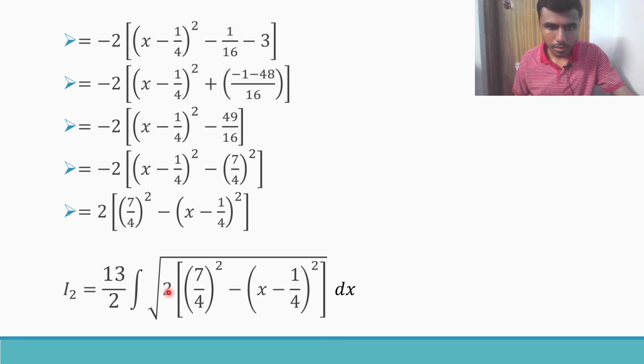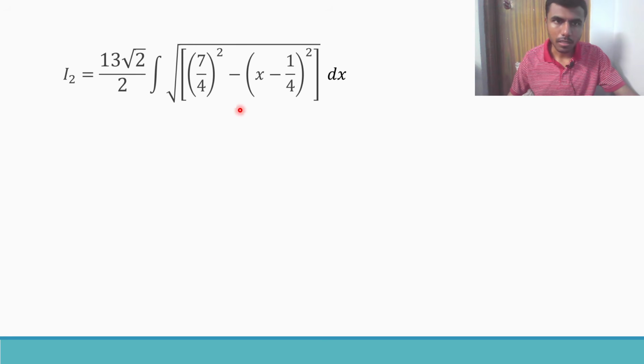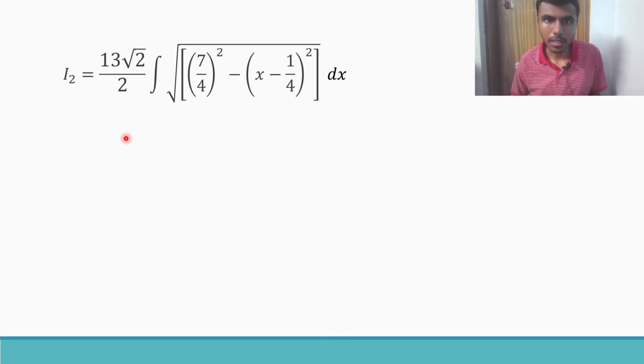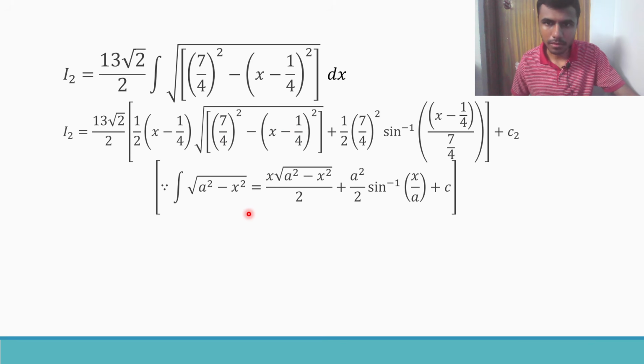Now inside this root there is a 2, so the root 2 you can just bring outside. Now this integral is of the form under root a square minus x square. So a is 7 by 4 and in place of x I have x minus 1 by 4 here. So what is the formula?